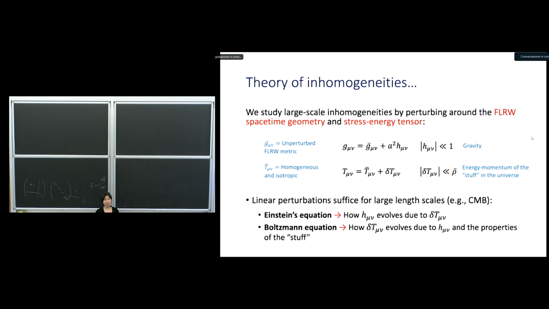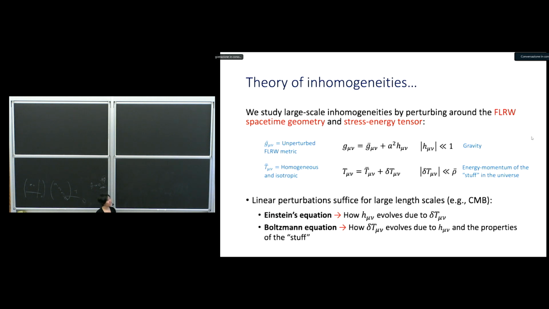So what I'll do is perturb around the FLRW space-time. In other words, when I write down the metric, I'll write down g_{μν}. I will have a main term here, which is the FLRW metric, okay? And then there will be some tiny perturbations here. That's the gravity part. And h_{μν} is a perturbation to the metric in the sense that its absolute values are much less than 1.